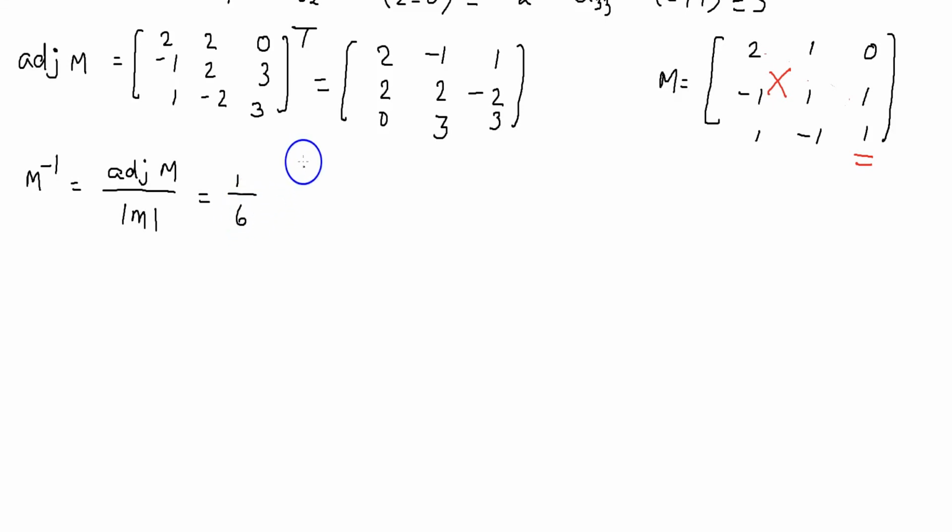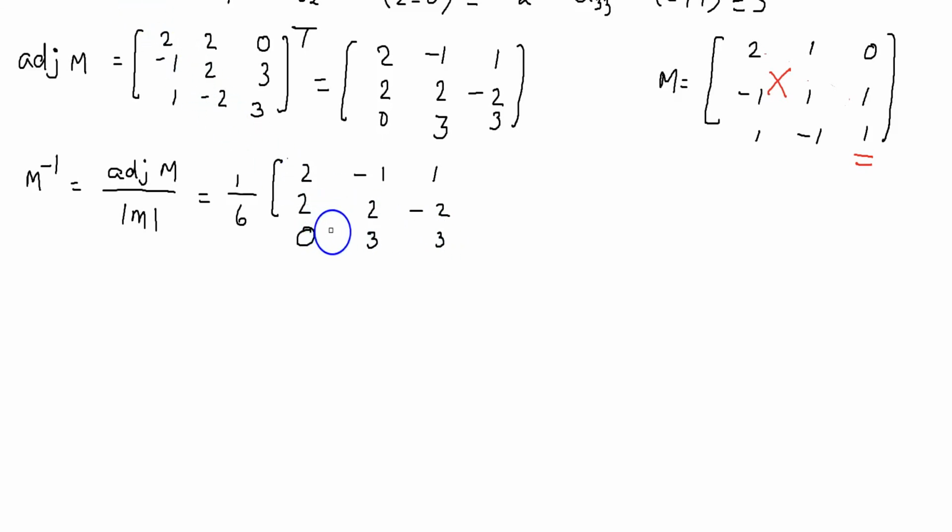Determinant of modal matrix is 6 into adjoint of M is 2 minus 1, 1, 2, 2, minus 2, 0, 3, 3.